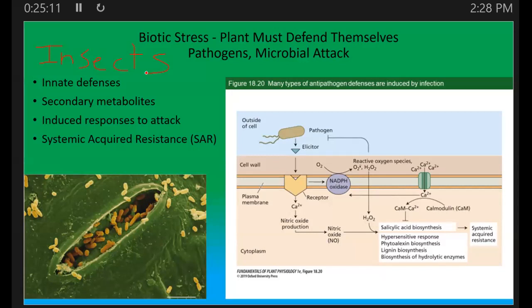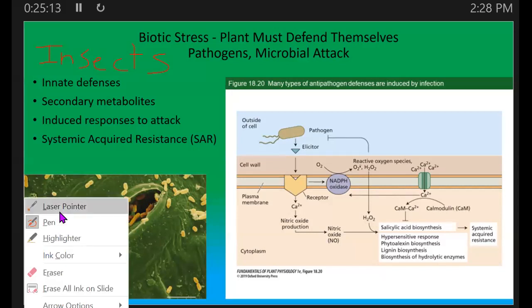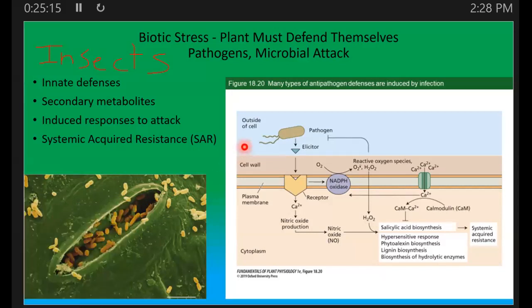This image on the right, I don't have time to get into this in any significant detail, but I just wanted to show you that there's many strategies the plant will be using to defend itself. So here you see this rod-shaped bacteria that has a flagella, a couple of them actually.